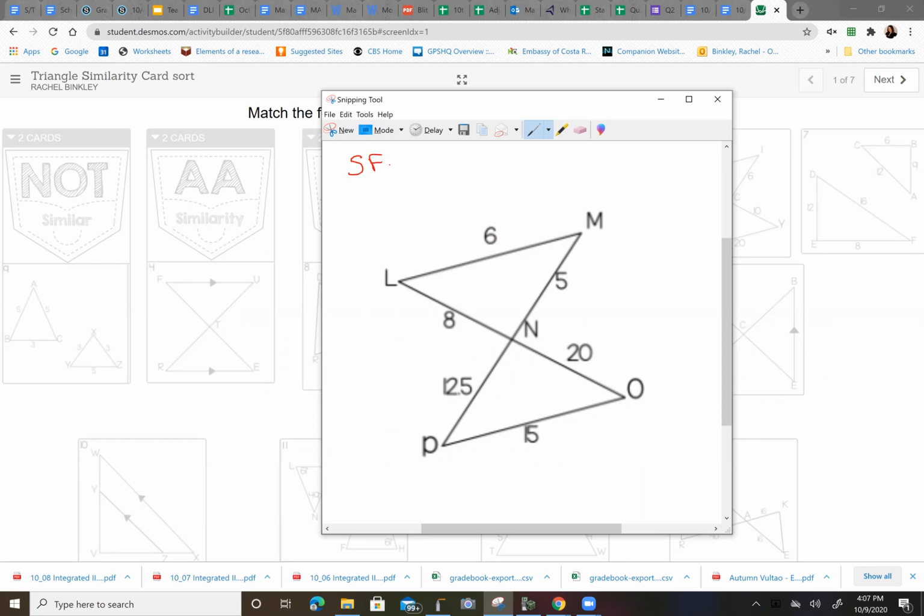If we can find a scale factor that works for all of the sides, then we know that those triangles are similar, okay? So first of all, this side 6 corresponds to this side 15.